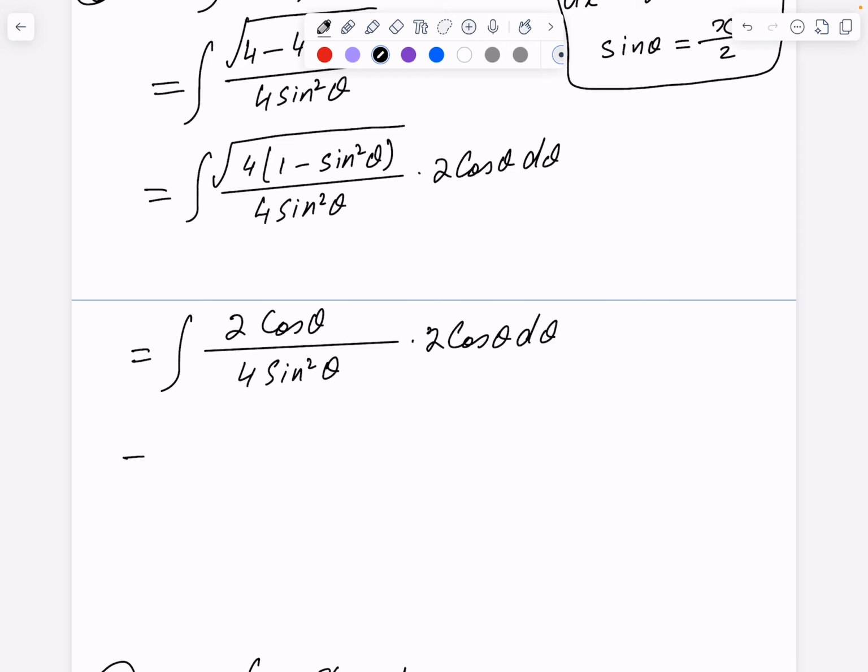So we're going to reduce this 2 times 2 is 4 with this one. We're going to cancel these. And we're going to get cosine theta times cosine theta, which is cosine squared theta d theta.